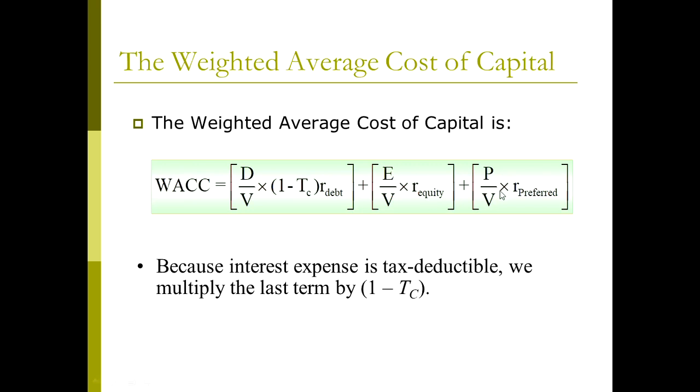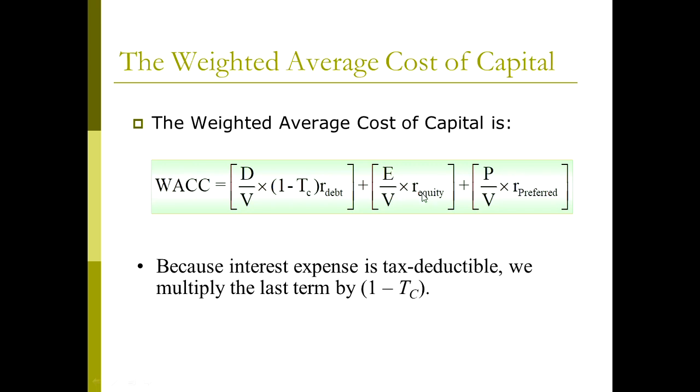Plus the proportion of the preferred stocks, P over the total value of the company, times the preferred stock cost, which is very simple. According to the perpetuity formula, this is just D divided by P, as we showed in the previous slides. Okay. All right.